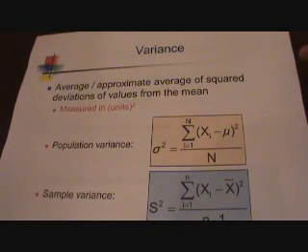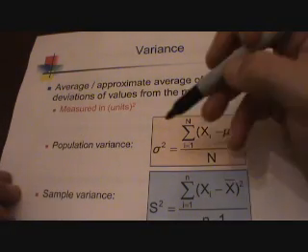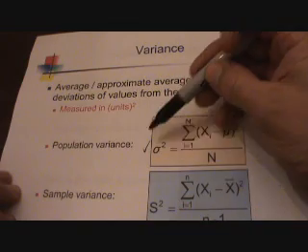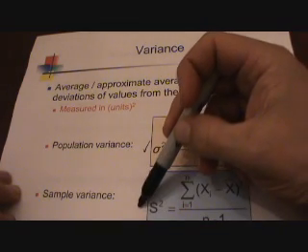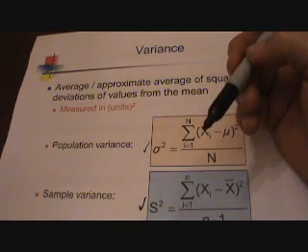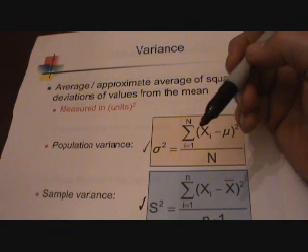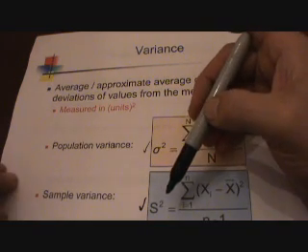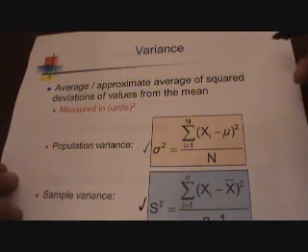Rather, it's the spread of the data itself. From the variance, the key thing here is the use of Greek symbols for our population, and for our sample we have Roman letters, in this case s squared being the equivalent of sigma squared.